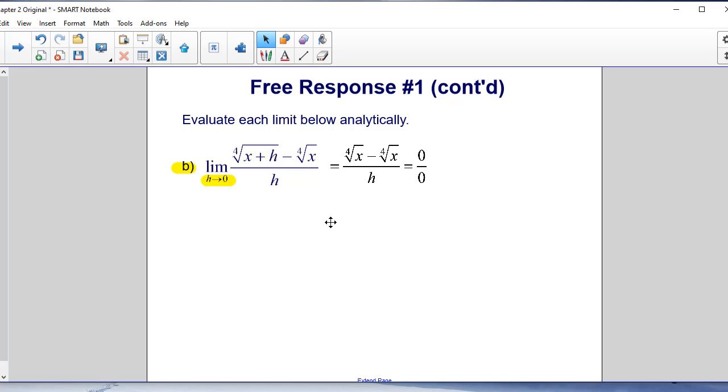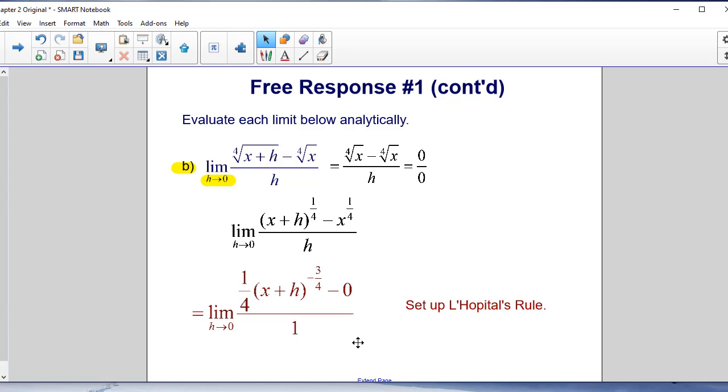Now, before we differentiate, I'm going to rewrite this expression as the limit as h approaches 0 of x plus h raised to the 1/4 power minus x raised to the 1/4 power divided by h. Also, remember, we're looking at the limit as h approaches 0, which means we are going to take our derivative with respect to h, treating x as a constant.